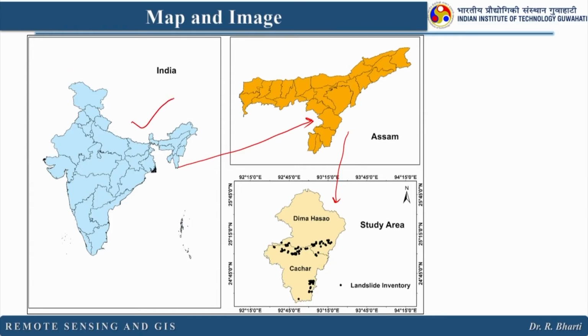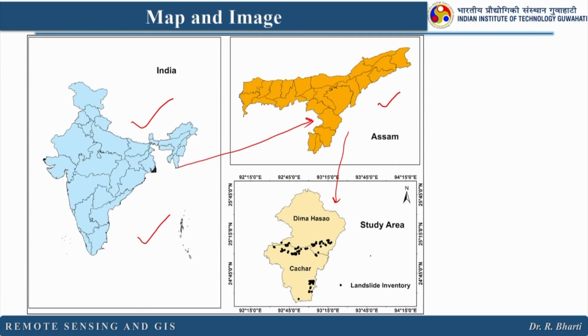Why am I calling it an image? Because it does not have any location value. So we do not know whether this image is a true representation of India or a wrong representation of India. This other image also does not have any location value.